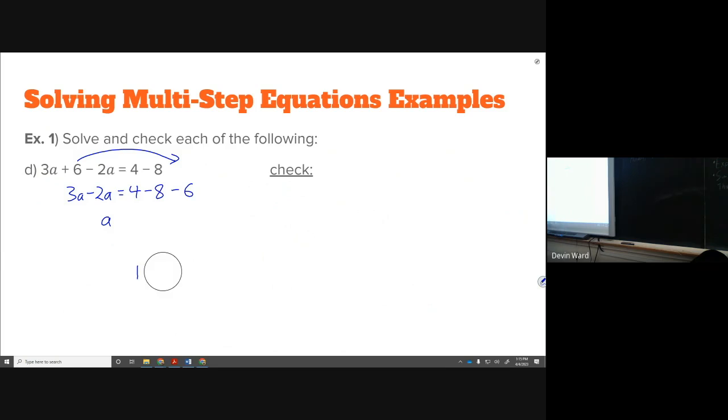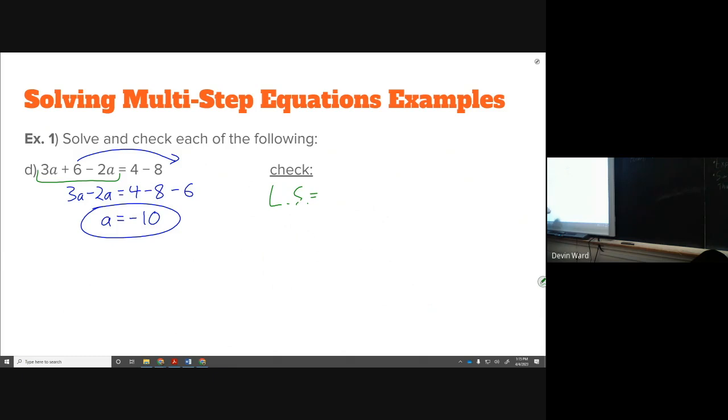It's assumed that 1 is there. Okay, 4 minus 8 minus 6 will give us negative 10. And look at that. We isolated a, and a equals negative 10. Okay, so sometimes it just works out nicely like that. And you don't have to do any exercise.